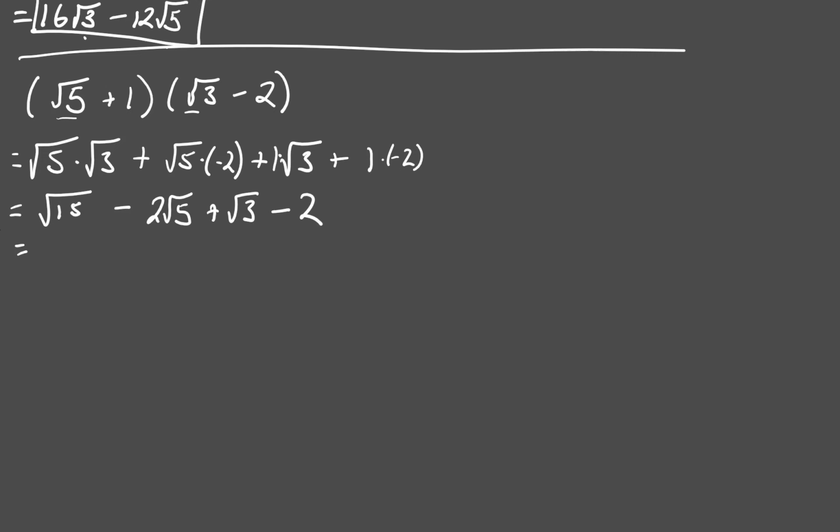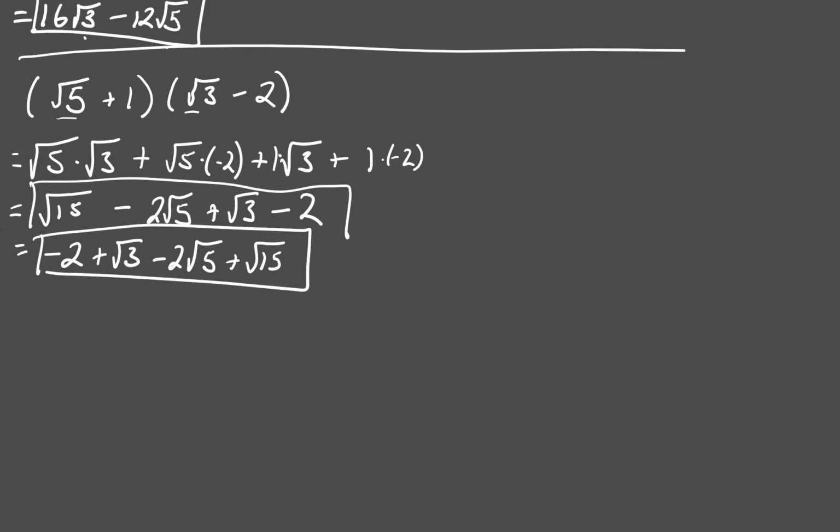I'm going to rewrite things in a different order so that I have maybe increasing values under the square root. Doesn't really matter. And either of these two answers is fine. They're the same thing, they're just in different orders.